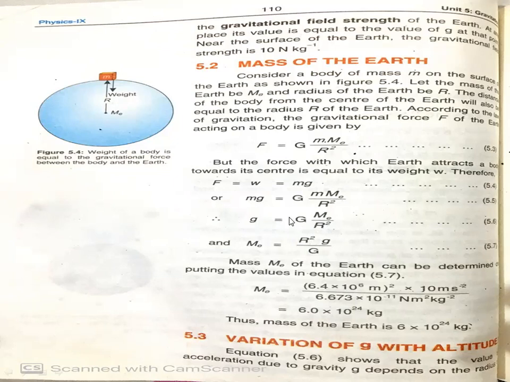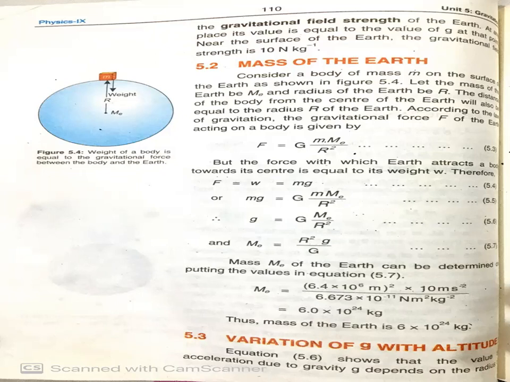Which means the more the distance, if we go up and up, the value of g decreases. But if we go down, the value of g increases.